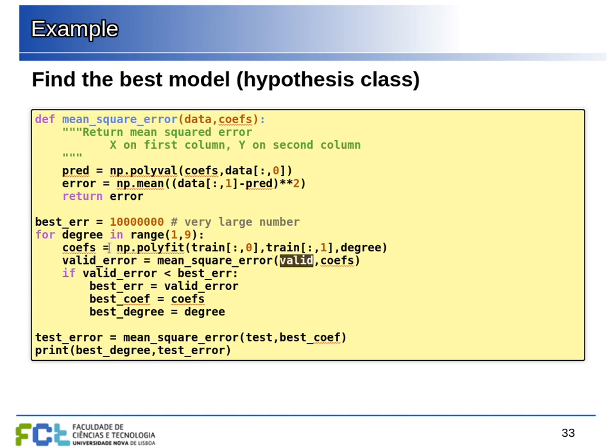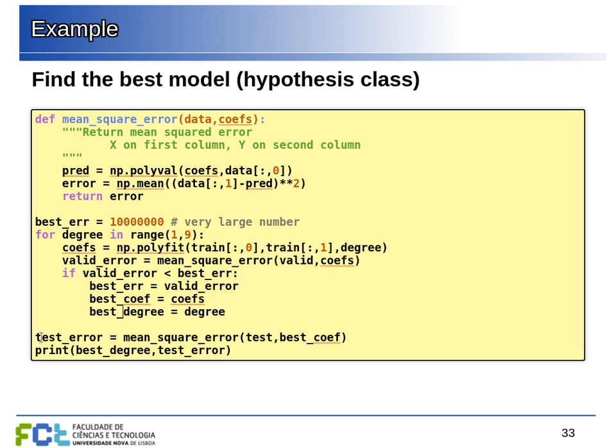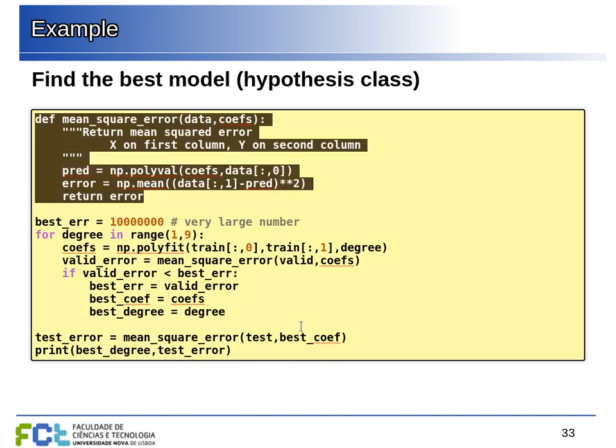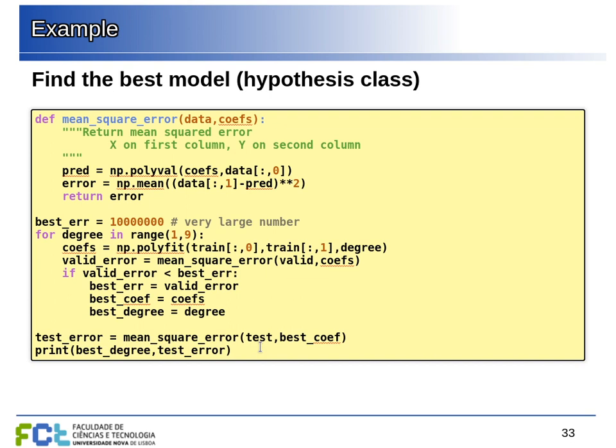Now we just check if this is better than the best error so far. We start with a very large number and we store the degree there. So at the end, you can just say what is the best degree that you find, and you can use the same function here to measure the error on the test set. So in this case, for the best hypothesis that we found, we're going to check the error on the test set. Note this difference.